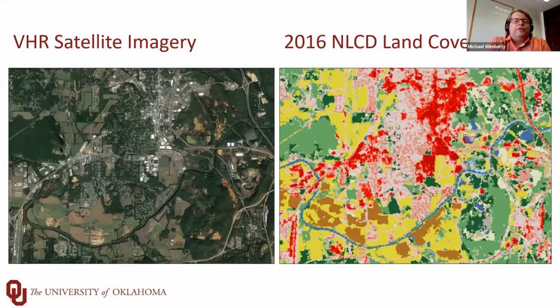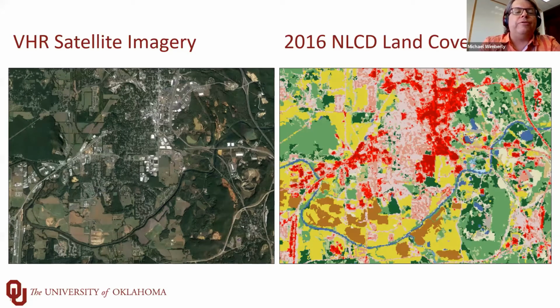And then on the left is a very high resolution satellite image, so we can see in true color more of the details of what's on the landscape. If you look from left to right, it makes sense. We see a lot of bright buildings and pavement, and that's where the red is. Trees are where the green is.